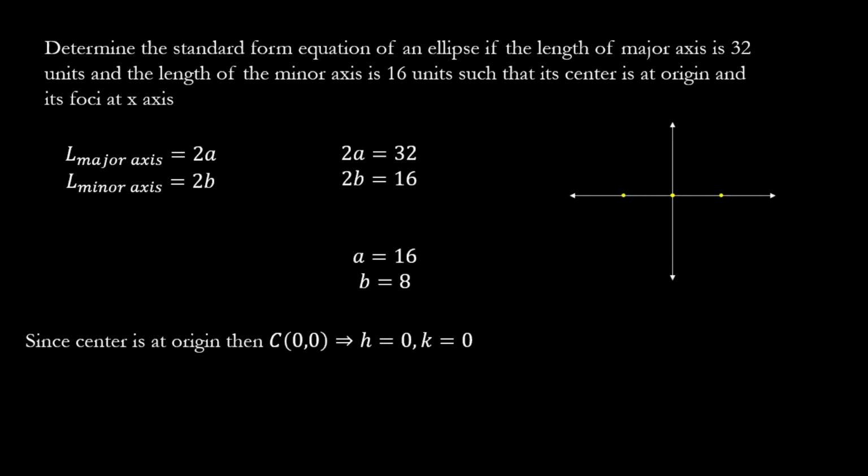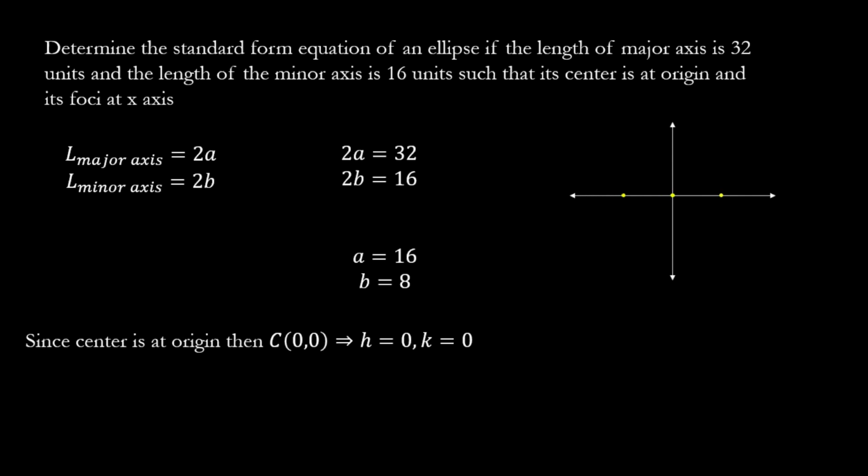Remember, yung foci na yan, ang essence po ng foci, this determines the required orientation of the ellipse. So for this case, since na ganyan yung position ng foci and its center. Okay?